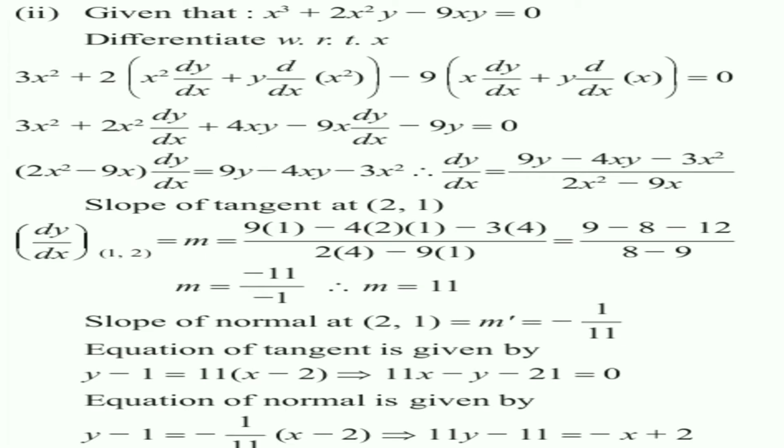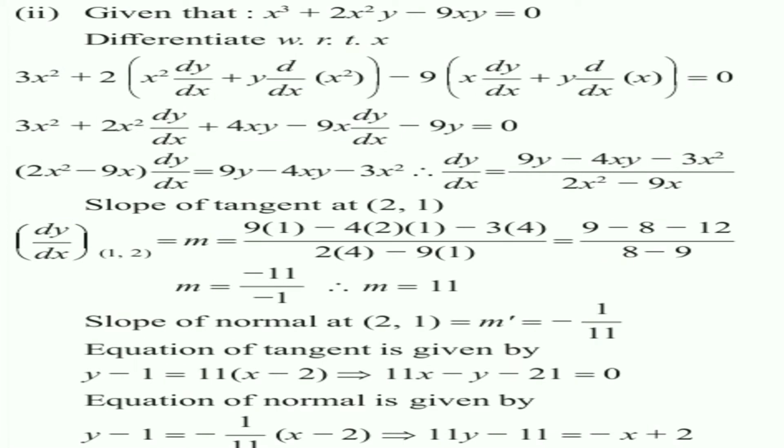Second example, given that x cube plus 2x square y minus 9xy equals 0. Now differentiate this equation with respect to x. We get 3x square plus 2 into x square into derivative of y plus y into derivative of x square, minus 9 into x into derivative of y plus y into derivative of x, equal to 0.